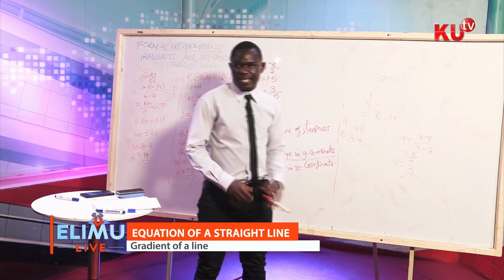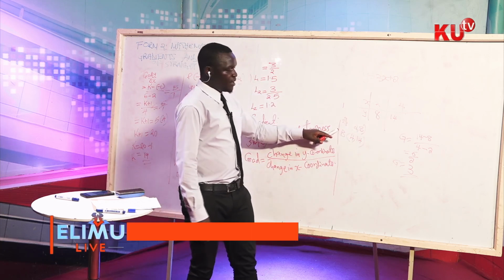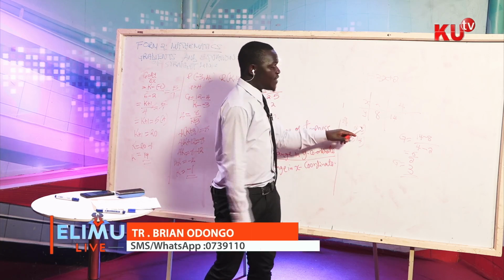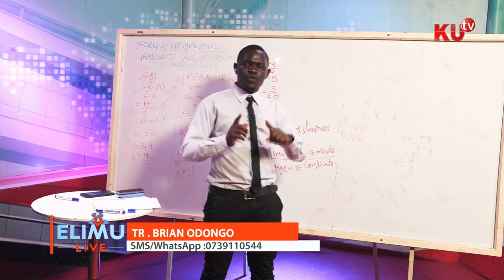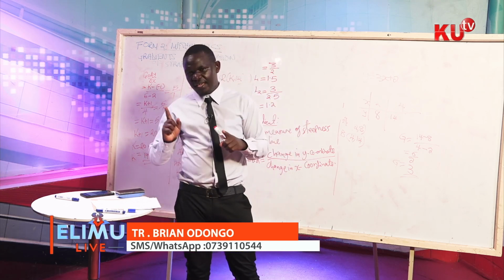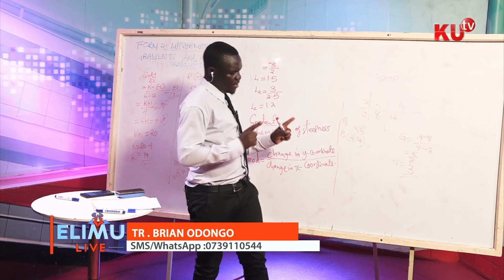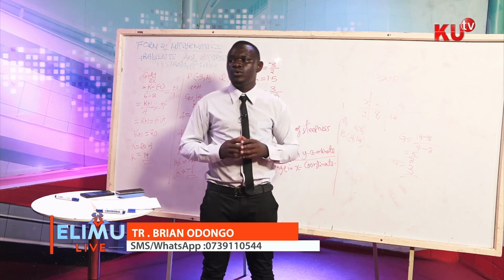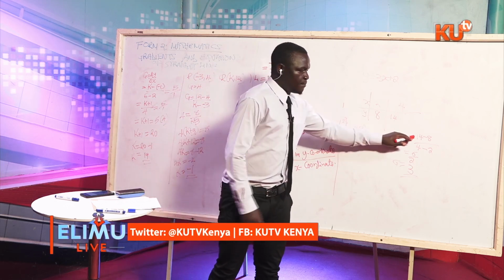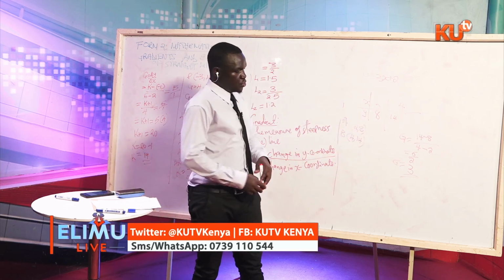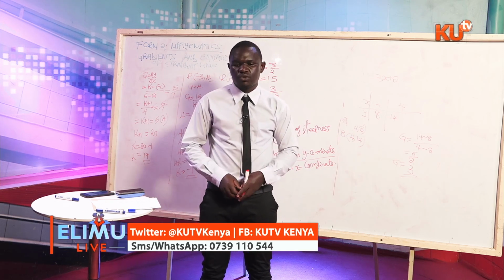If you look at my working, on the y values, I took the y value of B minus the y value of A. Since I began by taking the y value of B minus the y value of A, I should also take the x value of B minus the x value of A. Please don't come and say 14 minus 8 over 2 minus 4. That will be wrong. I think that is a common challenge to most students.